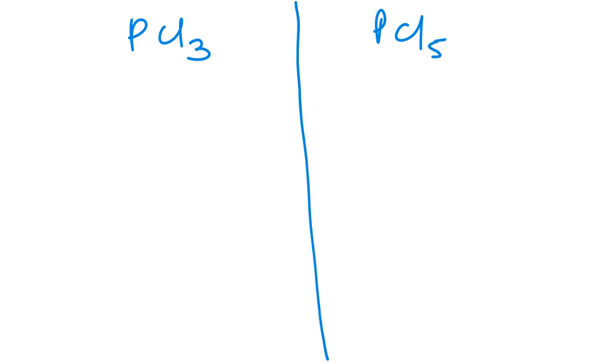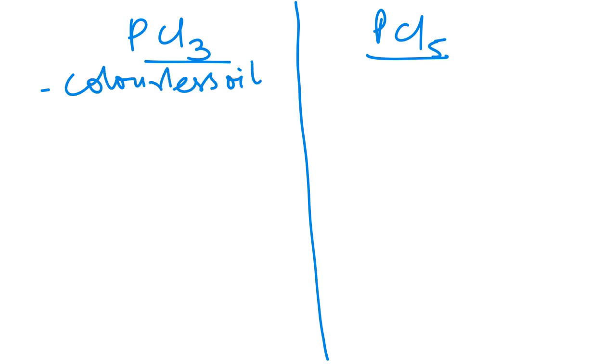Now next, we study the properties of PCl3 and PCl5 under different columns, that is we will see the difference also and the properties simultaneously. So PCl3 is a colorless, oily liquid, whereas PCl5 is yellow powder.